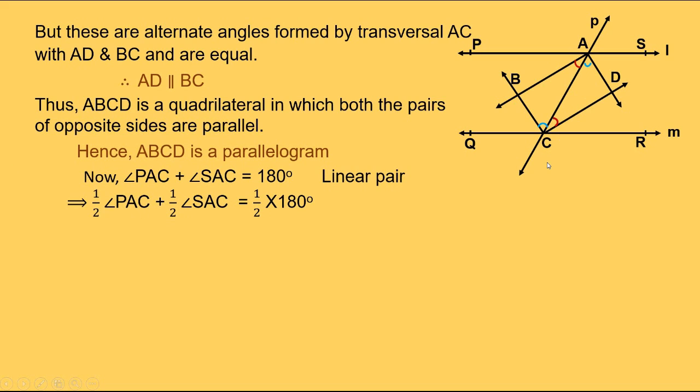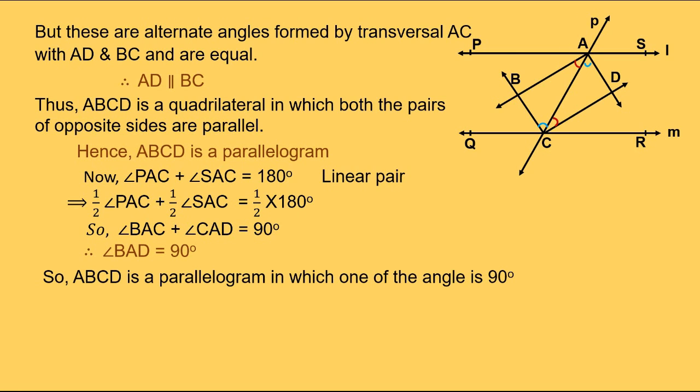So, angle BAC plus angle CAD is equal to 90 degrees. Therefore, angle BAD is equal to 90 degrees. So, ABCD is a parallelogram in which one of the angles is 90 degrees. Thus, ABCD is a rectangle. Moving on to the next example.